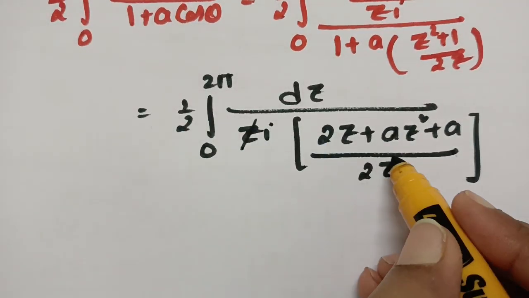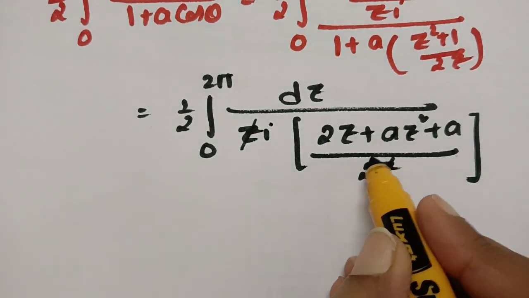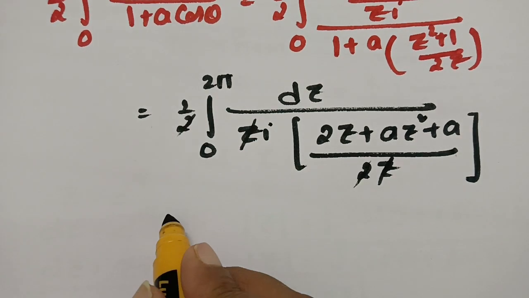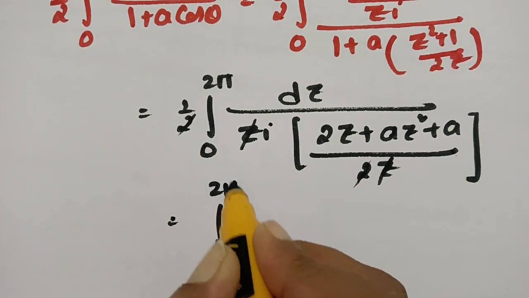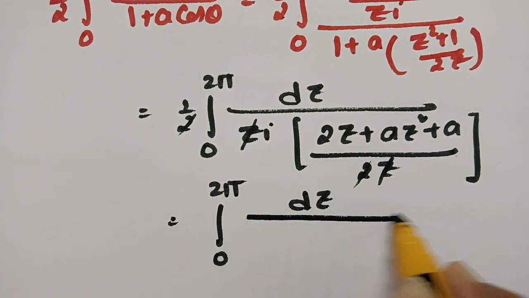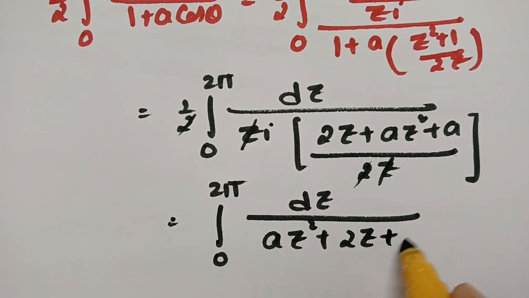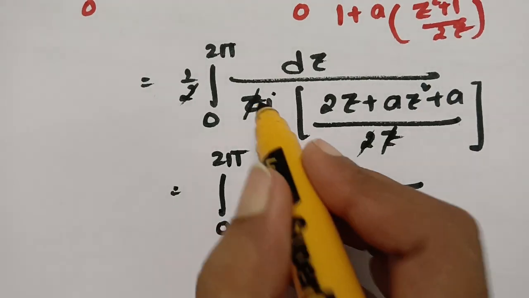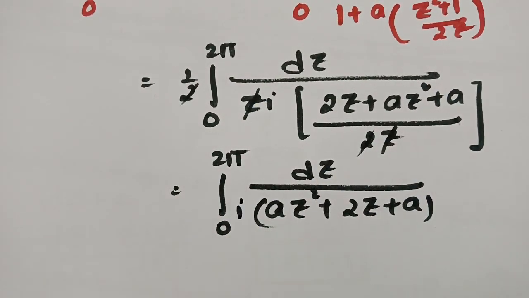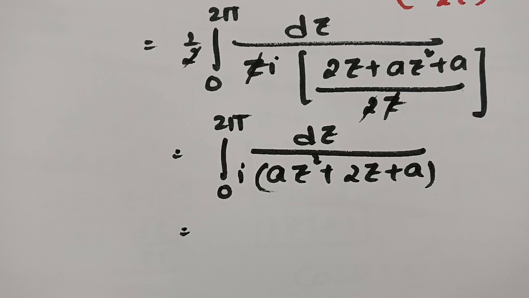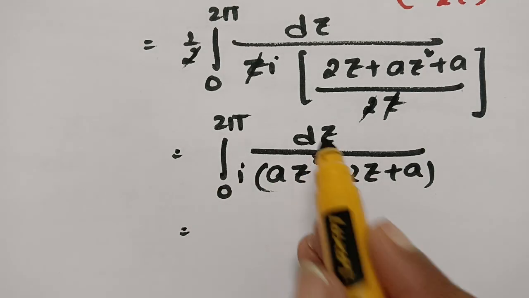Now I can cancel this z and this 2 also. After cancelling 2, what remains here? The integral from 0 to 2 pi of dz by a z square plus 2z plus a. And here I remind you, so now see here, this is the integral of f of z into dz.